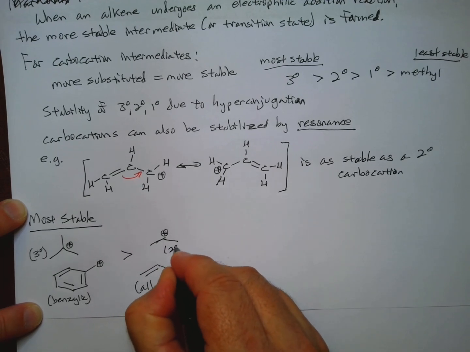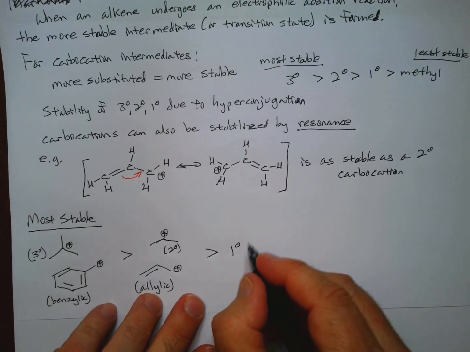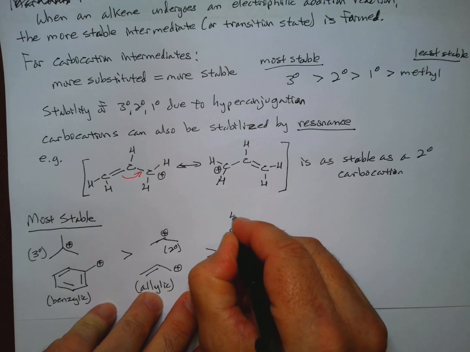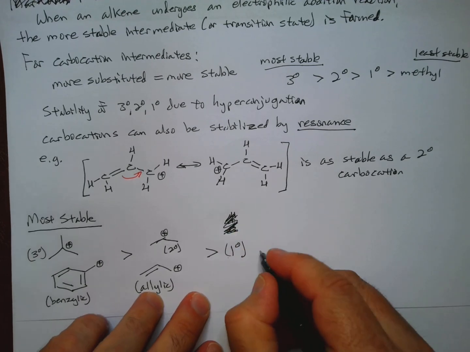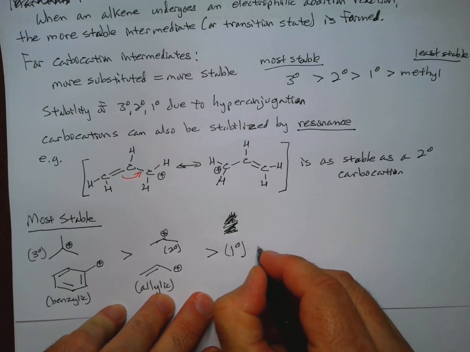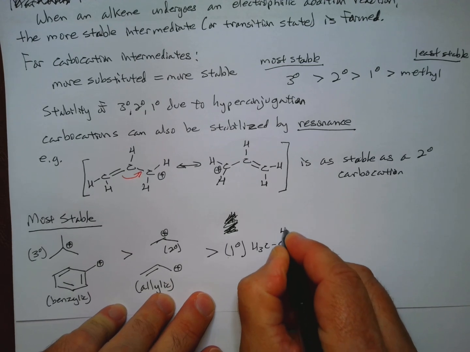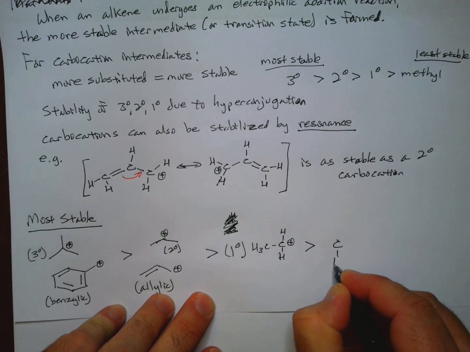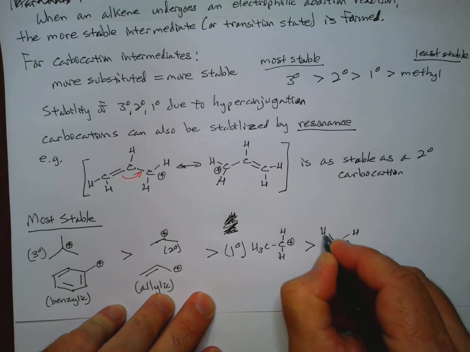This one here is secondary. That's greater than primary, H3CCH2 plus, which is greater in stability than our least stable carbocation, the methyl carbocation.